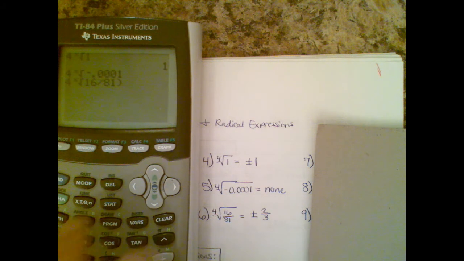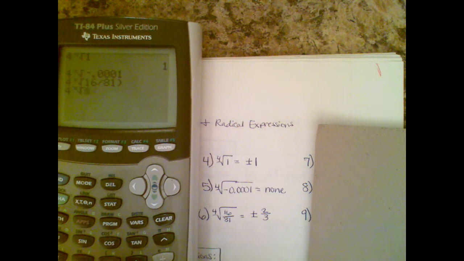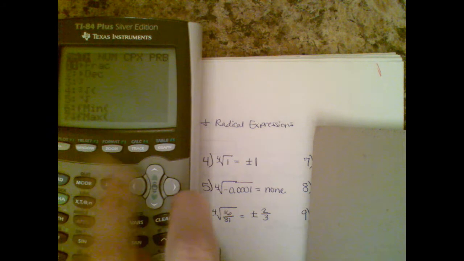Oh, syntax error. So I need that other parentheses. Let's do this again. So parentheses 16 divided by 81, and then it should work out for us. It gives us the decimal, so we're going to go to math, have fraction highlighted, click enter, enter, and then we get our 2/3. And again, it's an even root, so we need that plus or minus sign.